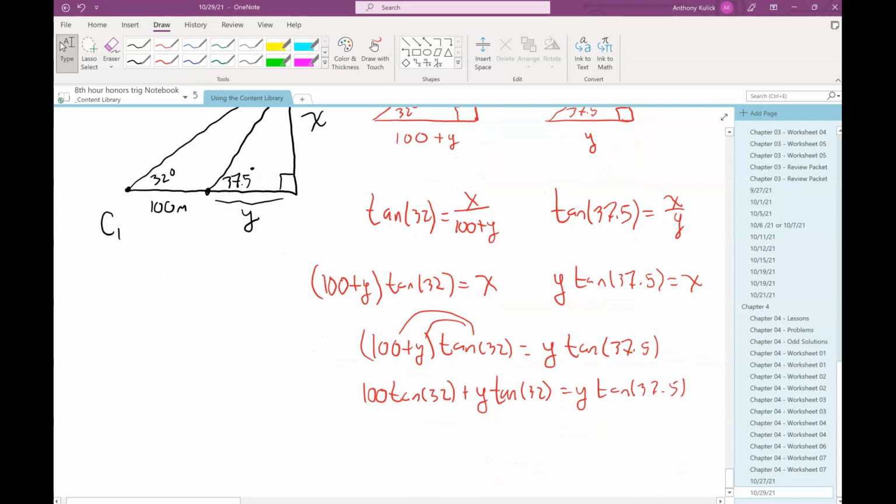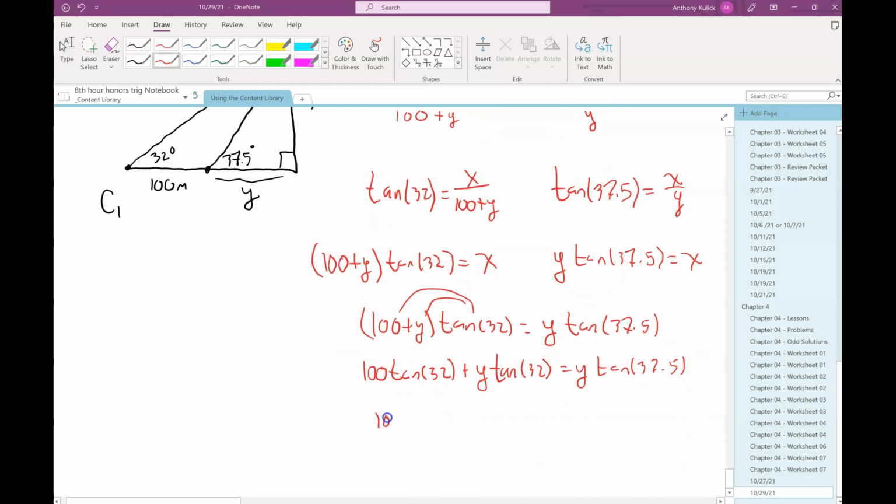To get y by itself, I got to get all the y's on one side. So I'm going to just subtract y times tangent 32 from both sides. Oops.